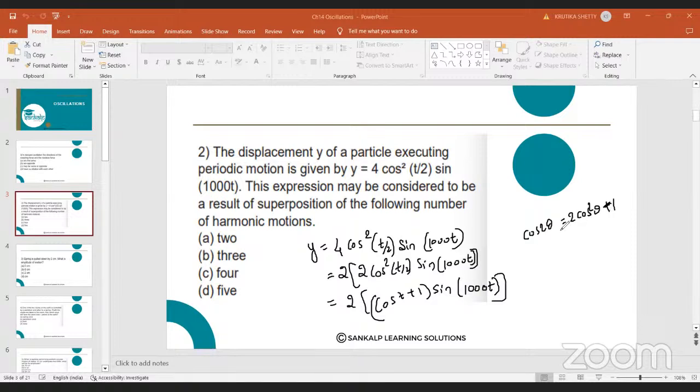So according to this trigonometric identity, we can write it as cos t plus 1. So let us simplify the further steps. Here whatever 2 is there, now I'll multiply inside the bracket. Therefore we are going to get 2 cos t into sine 1000 into t, plus 2 sine 1000 into t.